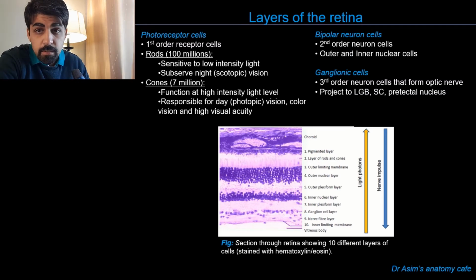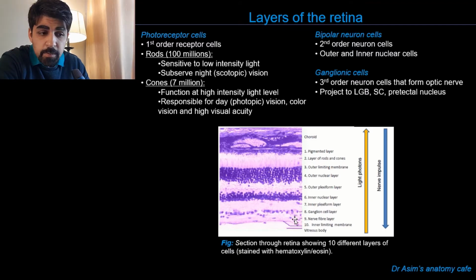Then we've got the third order neuronal cells, which are the ganglionic cells, forming the ganglionic cell layer, which is shown over here. Once again stained with hematoxylin, and these are the nuclear cells, and hence they're going to appear blue in color.